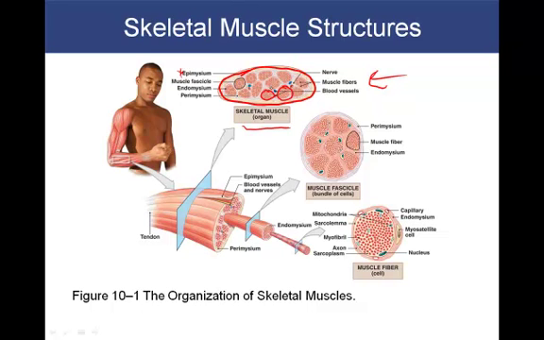And these structures are known as fascicles. And a fascicle is just a bundle of muscle cells. And many fascicles are covered by the perimysium. And again, it's this connective tissue that surrounds the bundles of fascicles.